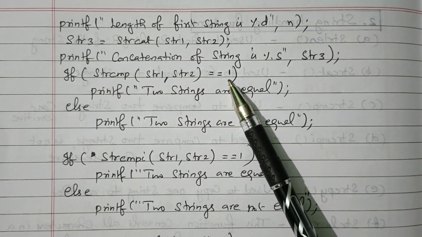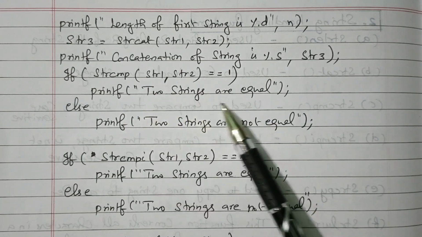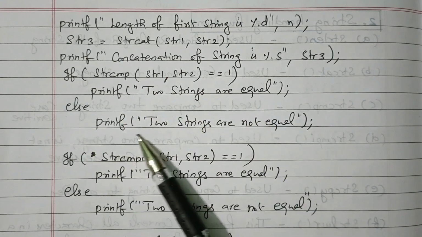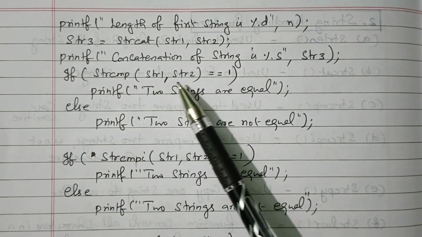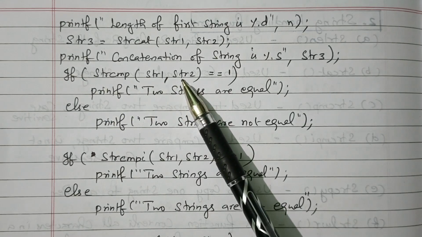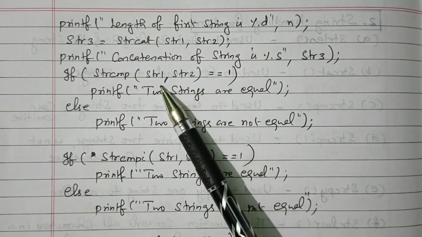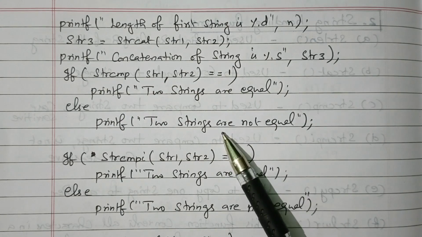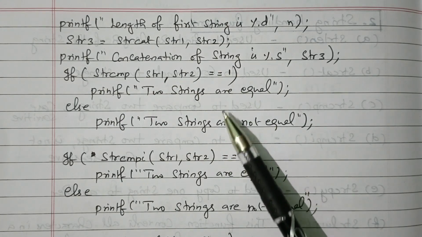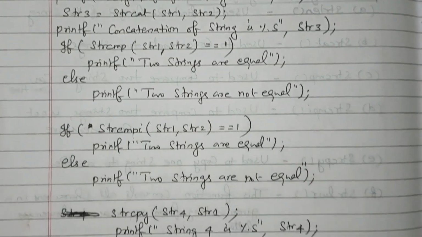If it is 1, printf, 2 strings are equal. Else, 2 strings are not equal, right? If both are equal the function returns 1, otherwise 0. So 1 means equal, else not equal. This is case sensitive. Now we'll go to the version without case sensitivity.